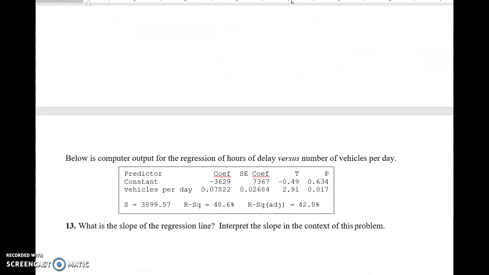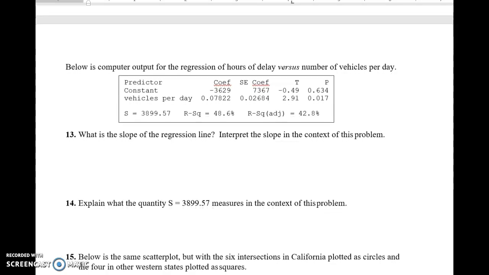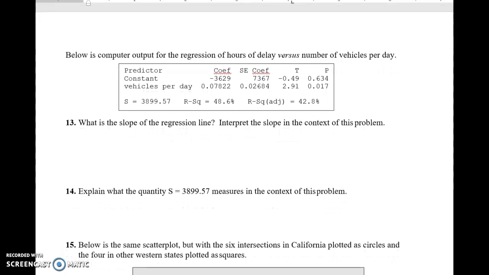Okay? So let's look at our computer output. It says hours of delay versus number of vehicles per day. So vehicles per day, that's our X, and hours of delay, that's our Y. Okay? So Y is hours. So I could use a Y hat equals negative 3629 plus 0.07822x, where X is the vehicles per day.